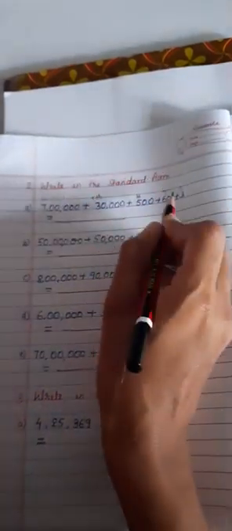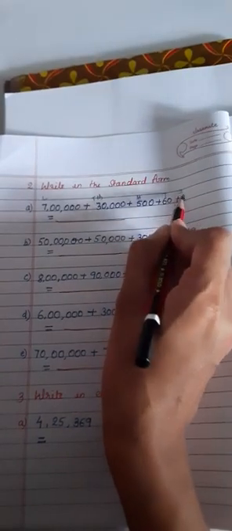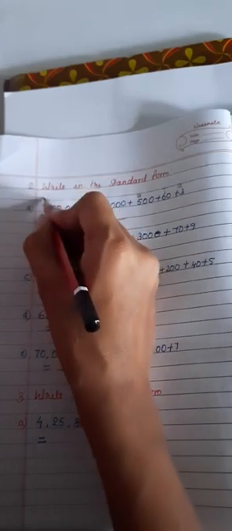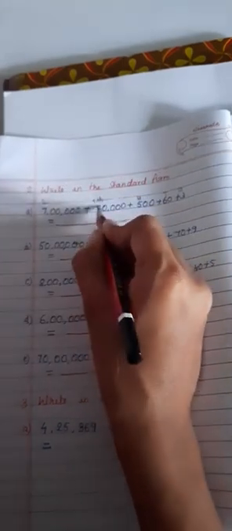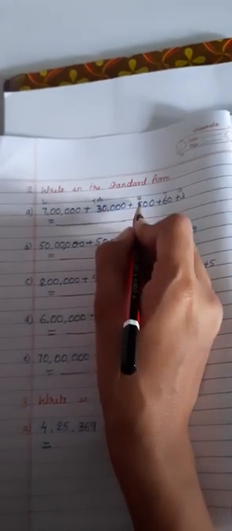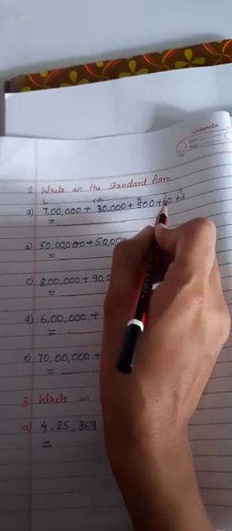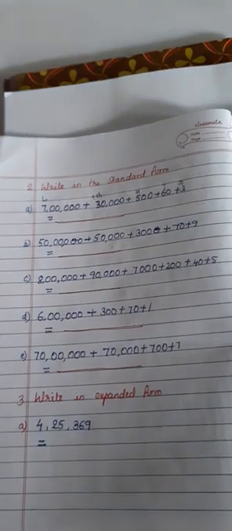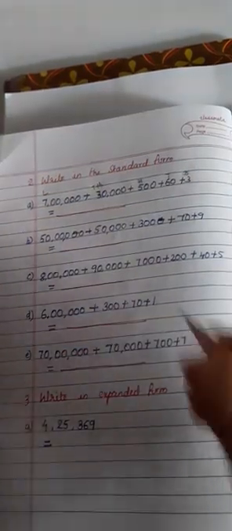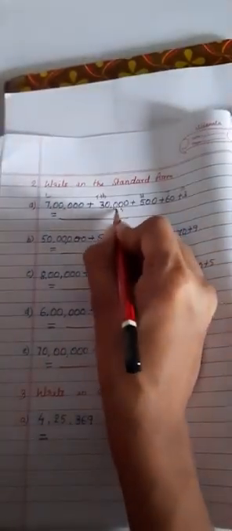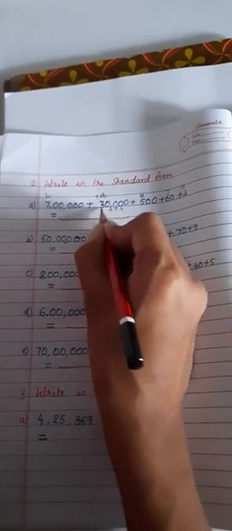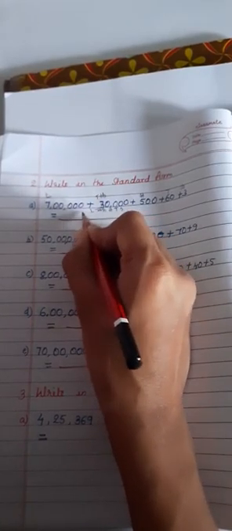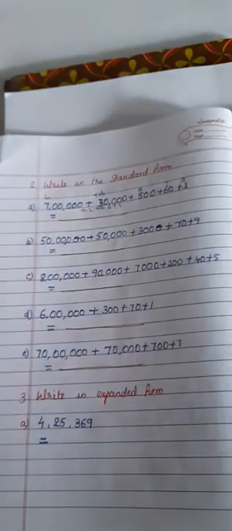So we have written only the highest digit. Here 6, here 5, here 3 and here 7. So 7 is in the lakhs place, 3 is in the 10,000's place, 5 is in the hundreds place, 6 is in the tens place and 0 is in the ones place. Write simply ones, tens, 100, 1,000, 10,000, lakh, 10 lakh.